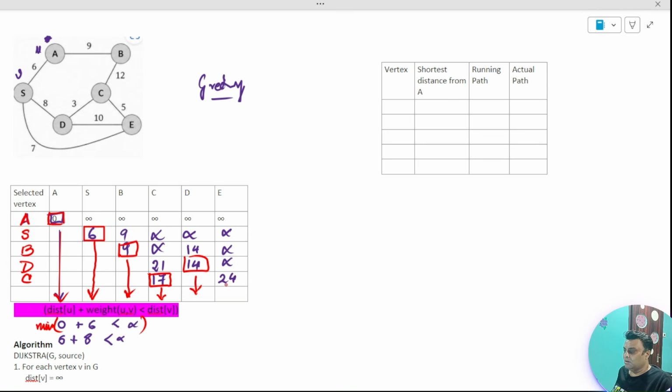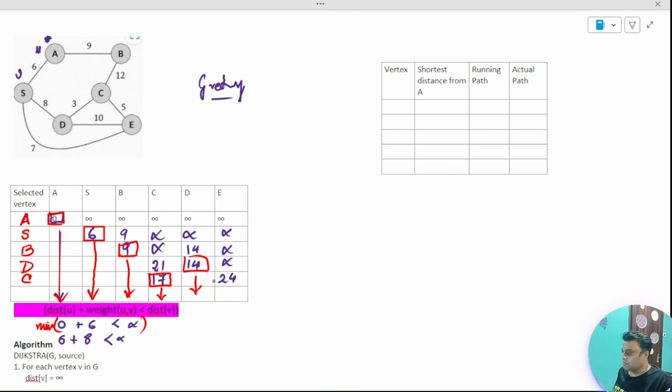Now 24. From C, I will go to E. That is 5. So 5 will get added to 24. And that will be 24 plus 5 is 29. And 29 when compared with 24, because I have already added 5 to 24.